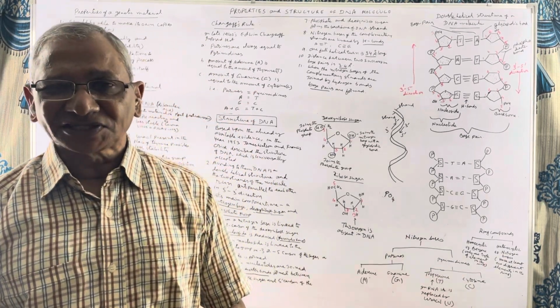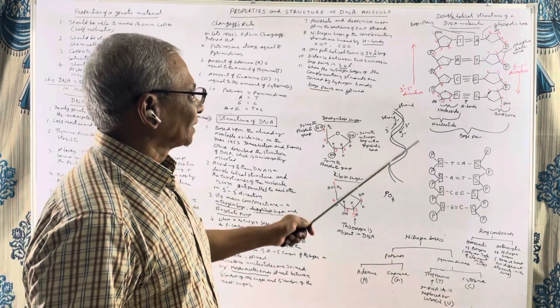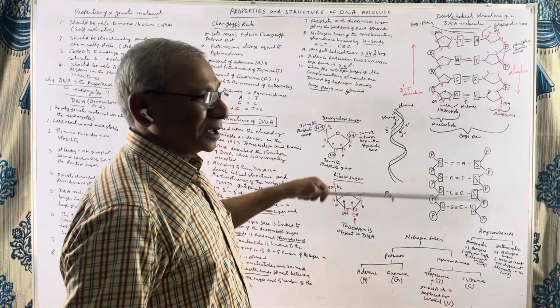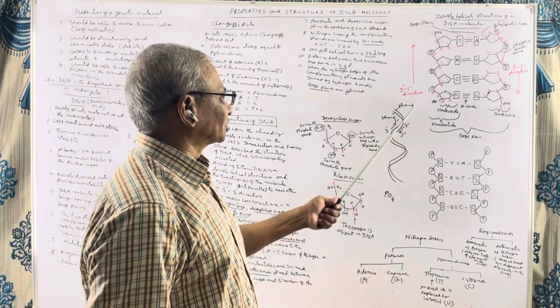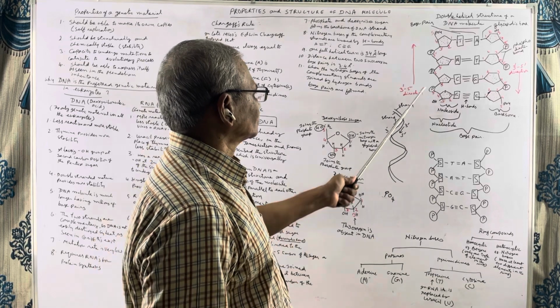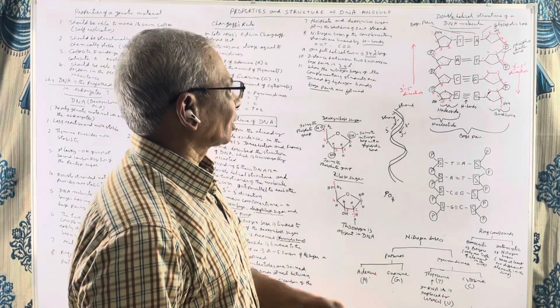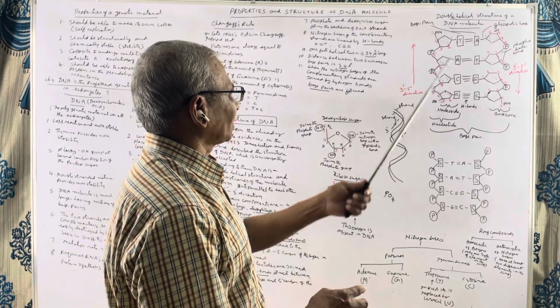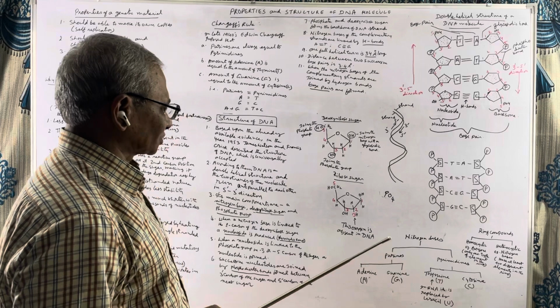It is not that easy to break the phosphodiester bonds. That's why the DNA backbone maintains its structure because of these strong phosphodiester bonds in the 3-5 direction here. So we have come across three types of bonds: glycosidic bond, hydrogen bonds, and phosphodiester bonds.